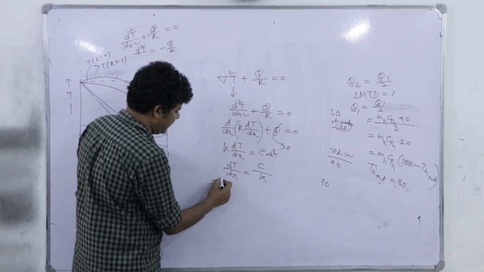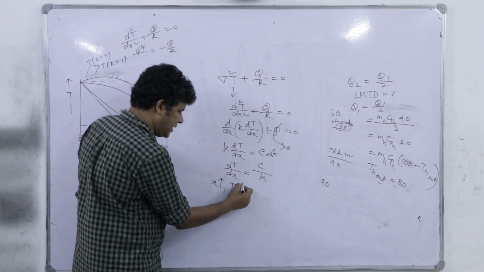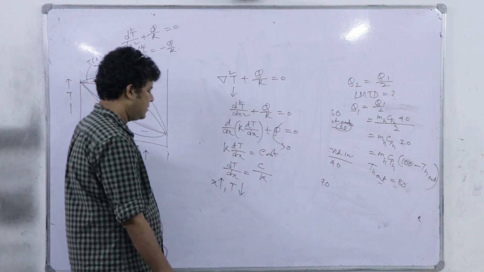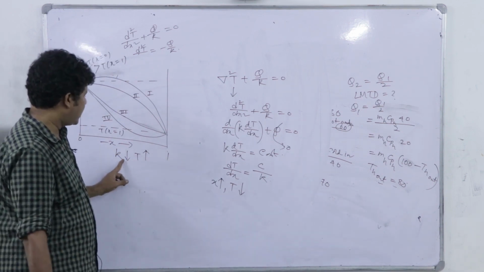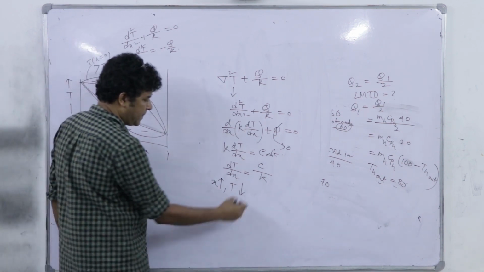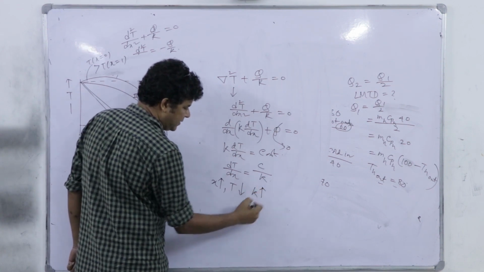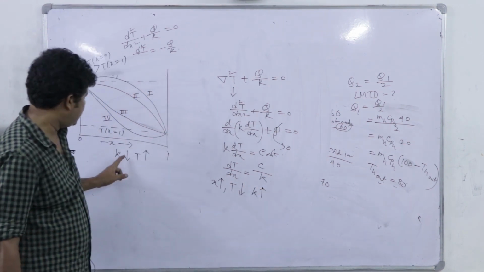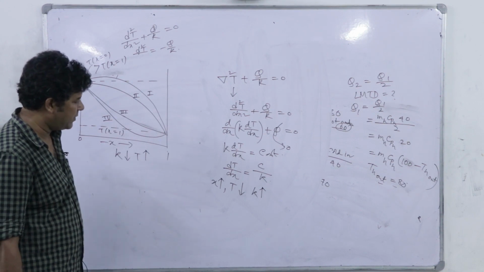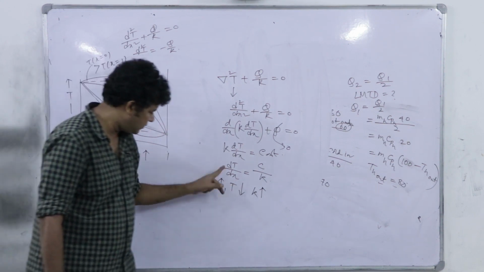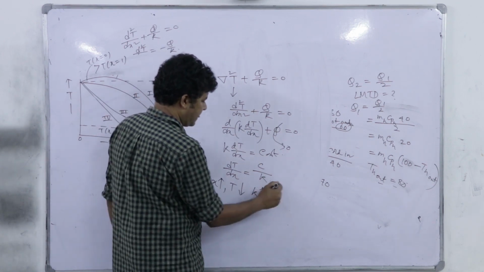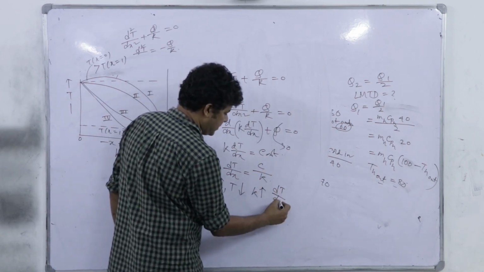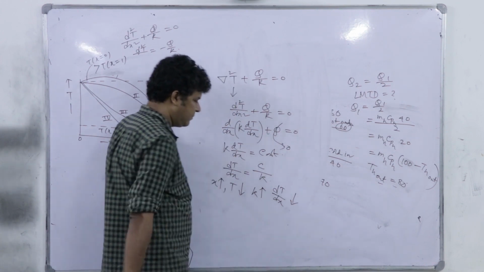With the increase of x, T definitely decreases. So if T decreases, K must increase, because K decreases with increasing temperature. So if K is increasing, then dT dx must be decreasing.